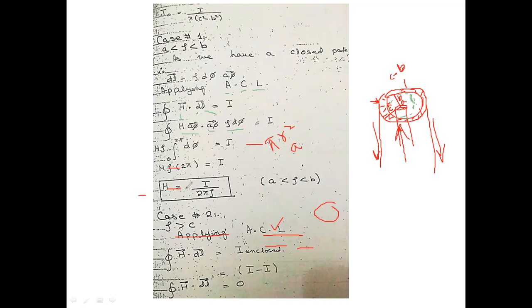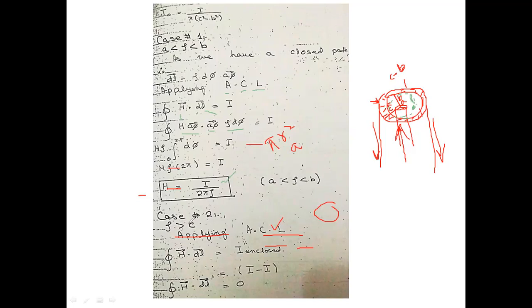We will get H is equal to I over 2 pi rho. We have already derived it in the previous slide as well. So this is the value of H when the point of observation is in between A and B.